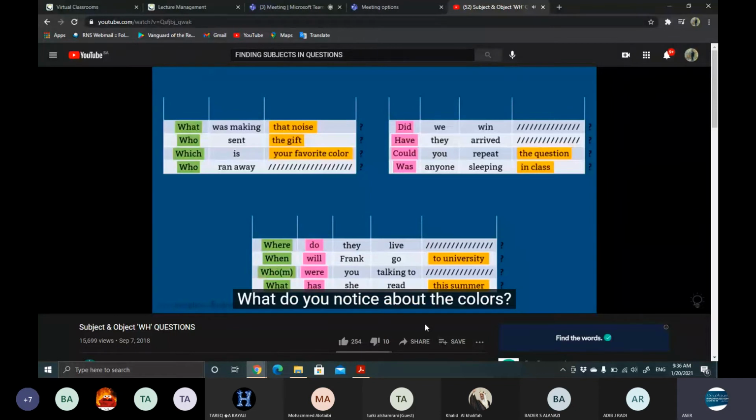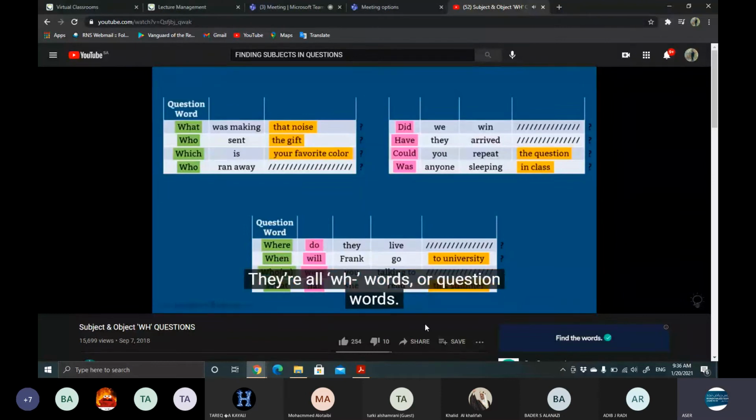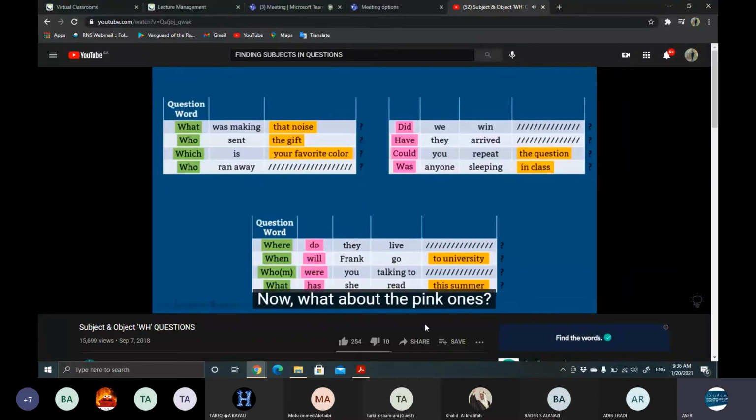What do you notice about the colors? All the words in the column are the same color. That's right. I made those words the same color for a reason. Can you tell me what they have in common? Start with the green ones. They're all WH words or question words. Very good. Now, what about the pink ones? Oh, these are little words we use all the time. They're helping verbs, right? Or auxiliary verbs. Yeah, that's right. And the yellow ones? Those are nouns.